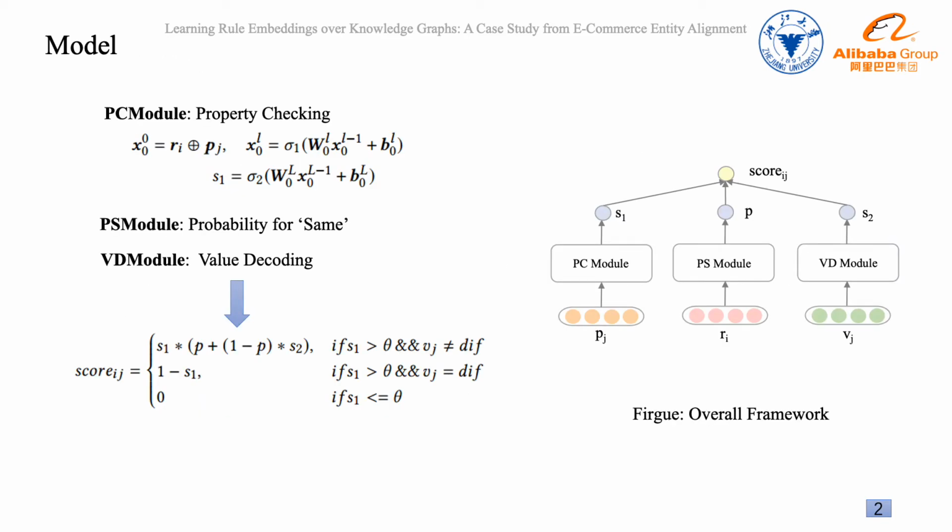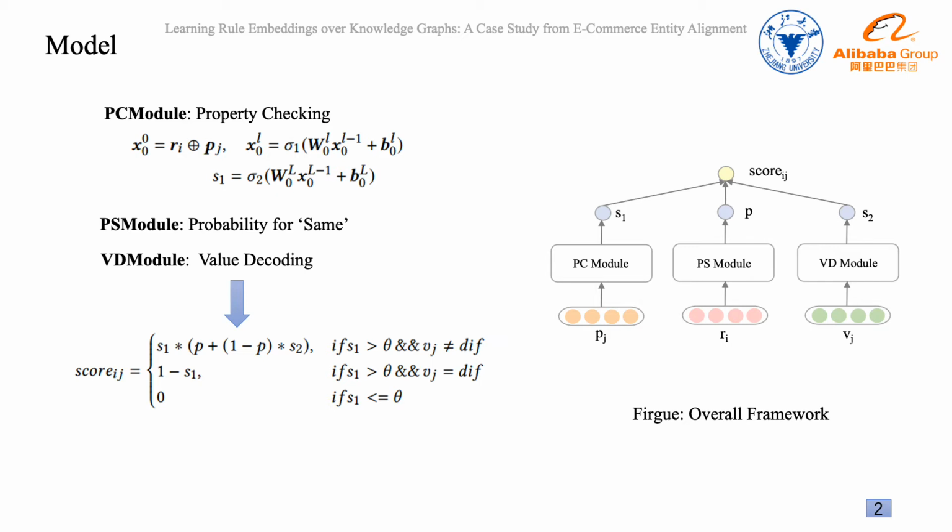In RuleE, we represent target rules, item properties, and values as vectors, and they are the main inputs of our model. There are mainly three modules. The first one is the PS module, which will generate a score S1 to evaluate whether the input property is included in the rule.